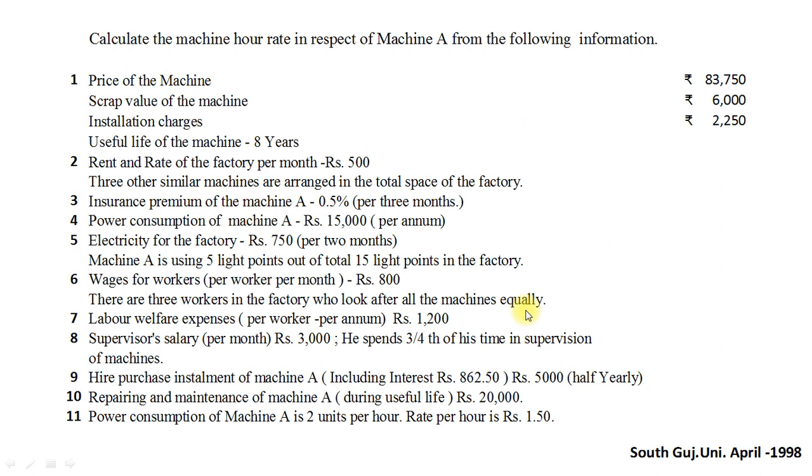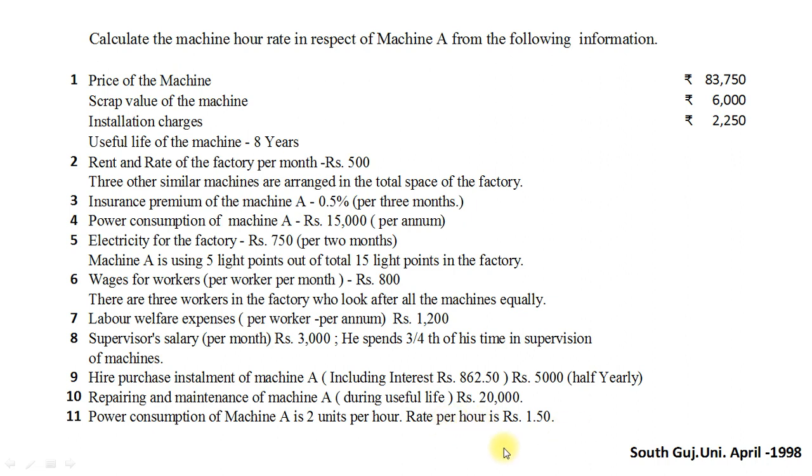My dear students, here I have taken the question from Veer Narmad South Gujarat University April 1998 examinations. There is a printing error in the paper, so I did not correct it, but I kept the same question. Here it is mentioned per hour, but actually it should be per unit, not per hour.